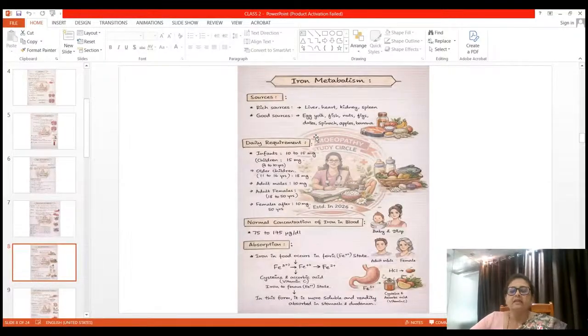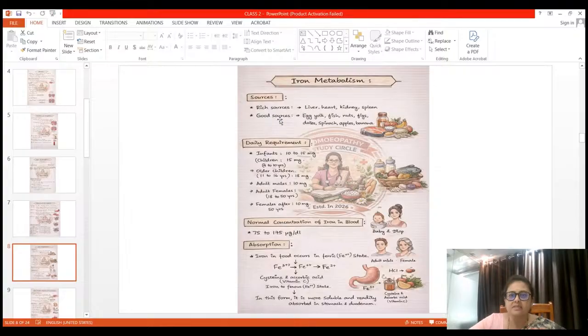Okay, next we will see iron metabolism, because iron is one of the raw materials for making hemoglobin, and iron is the most important compound, because in hemoglobin, iron is the one which has affinity to oxygen. Okay, so rich sources of iron: all non-vegetarian sources, liver, heart, kidney, spleen.